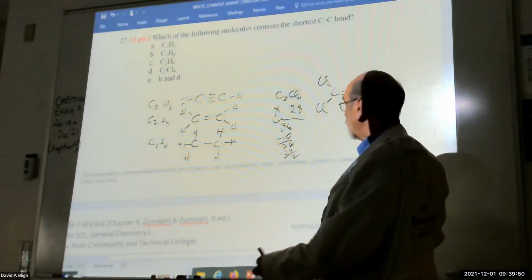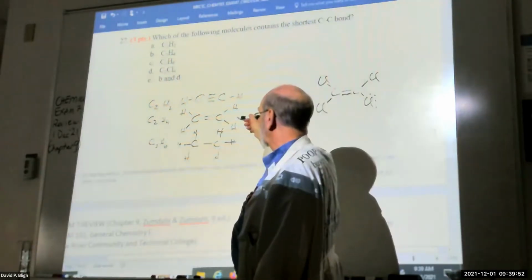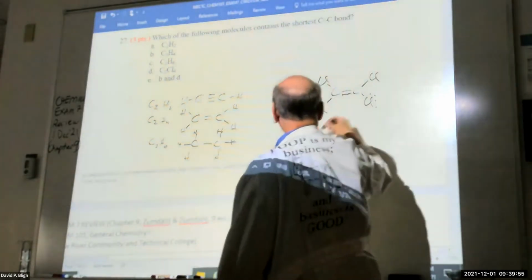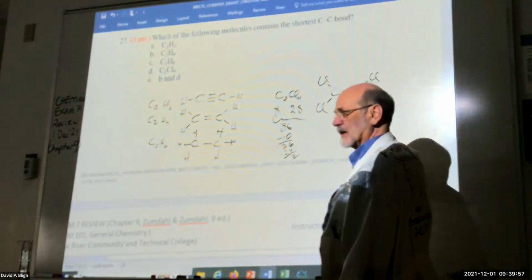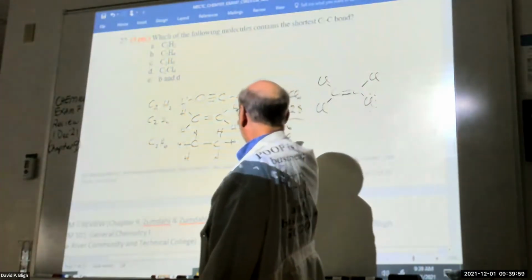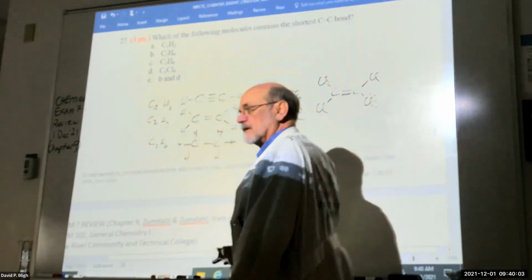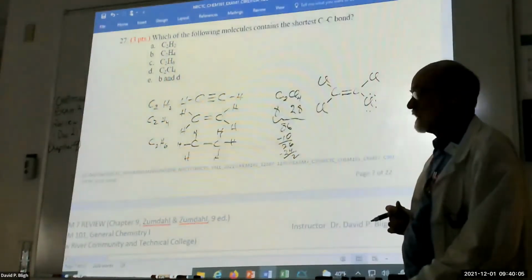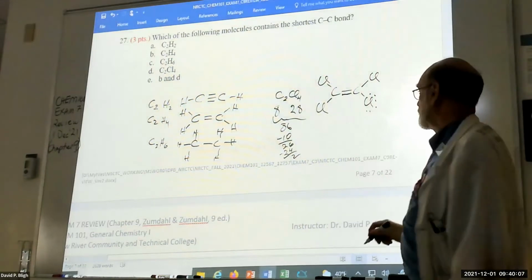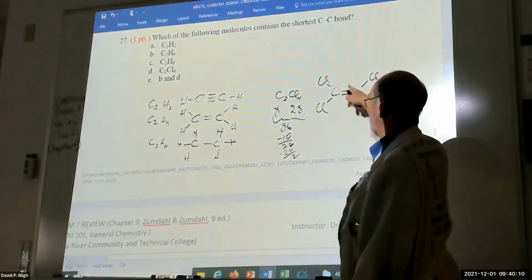So in that case, if we only had this one, which is ethylene, and this one is tetrachloroethylene, if we had those two to compare, this one would be the shorter, stronger bond. So it would retain electron density in the bond rather than being drawn out by these chlorines.